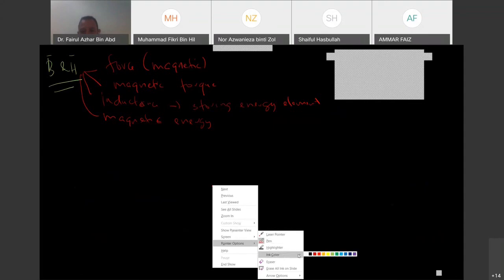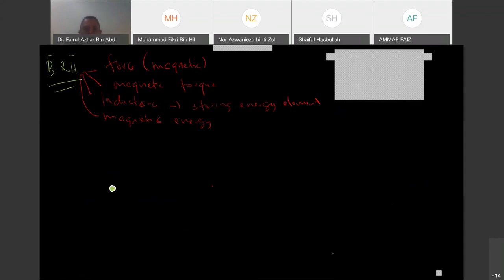In the magnetic field as well, we will deal with material types. The material can be classified as ferromagnetic, paramagnetic, and diamagnetic.